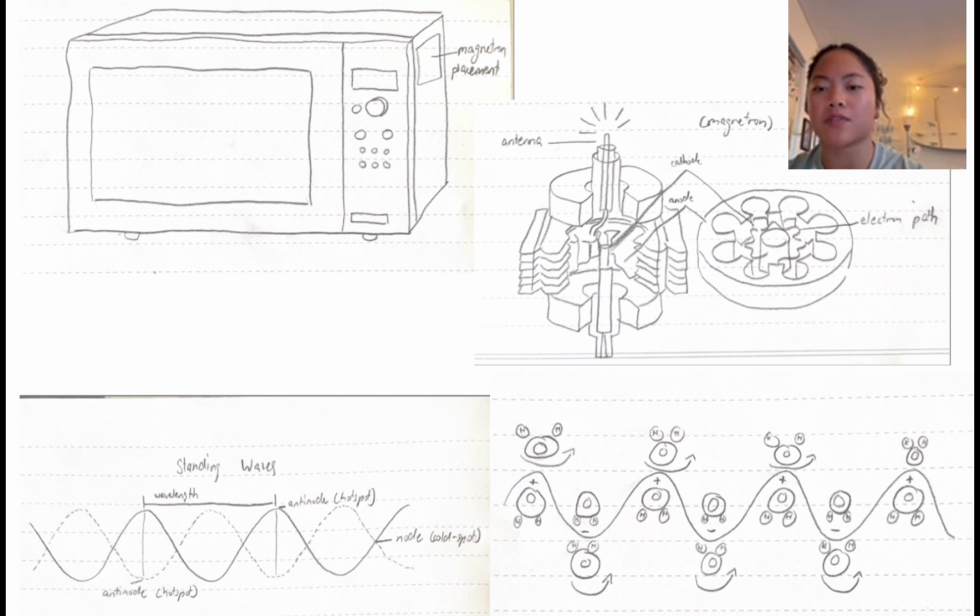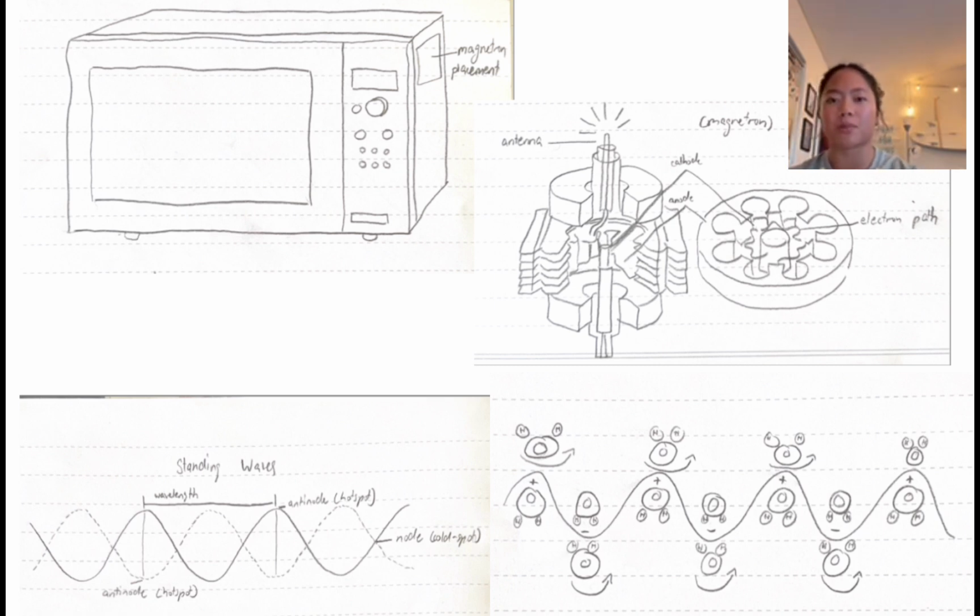In the bottom left corner, you can see 2 waves interacting with each other, and you can see the antinodes, or the areas of a hotspot, and then you can see how it comes in the middle here, where the waves will meet. You can see the nodes, which is an area of a cold spot. So this is sort of why sometimes food does not heat up evenly, and some bits are left cold.